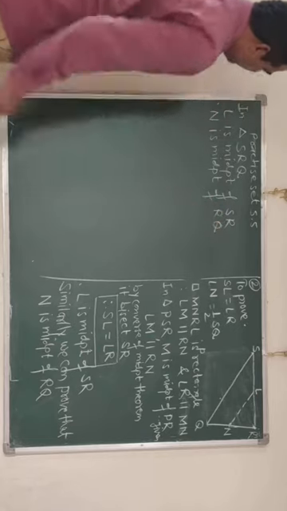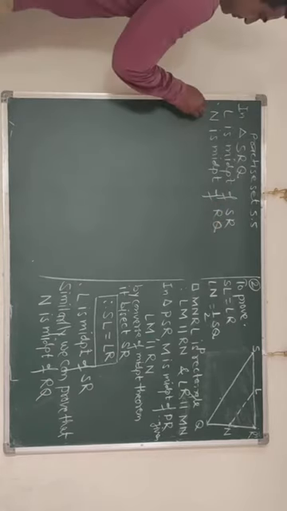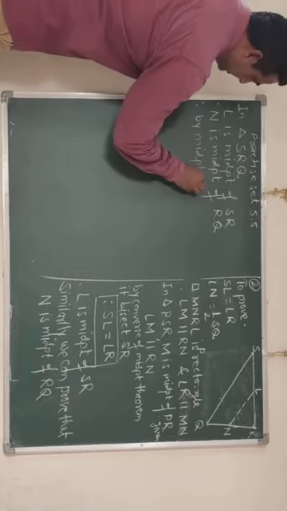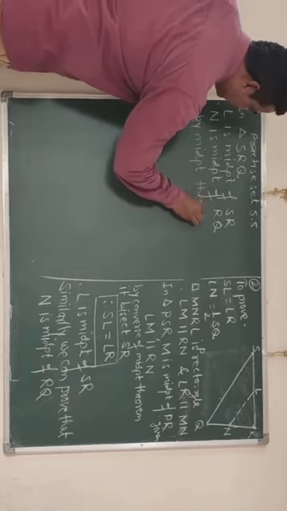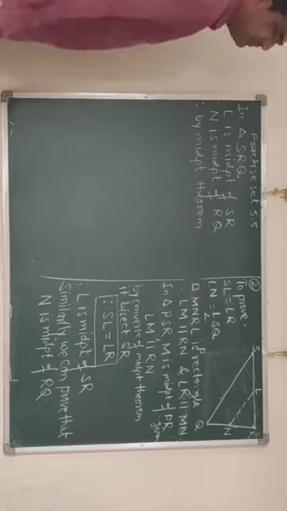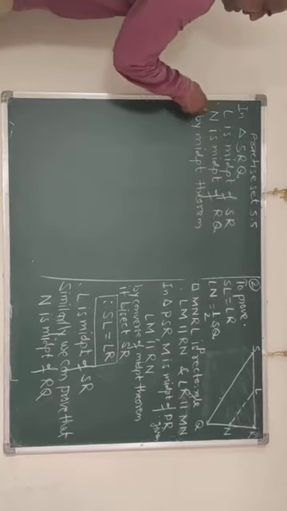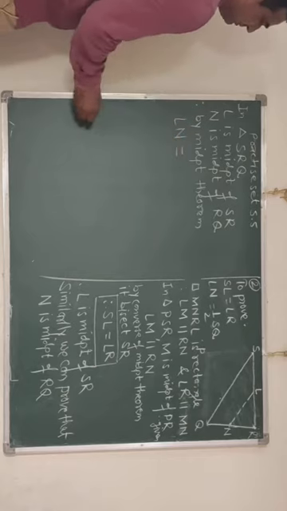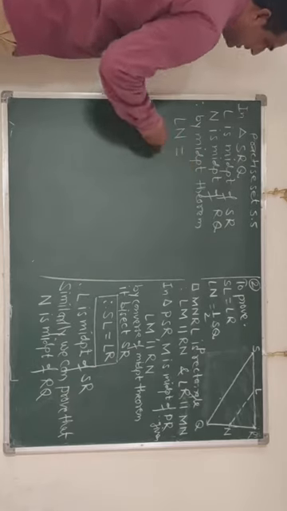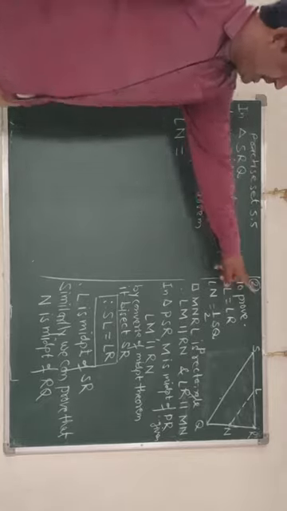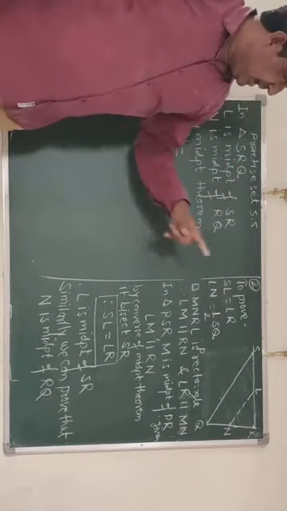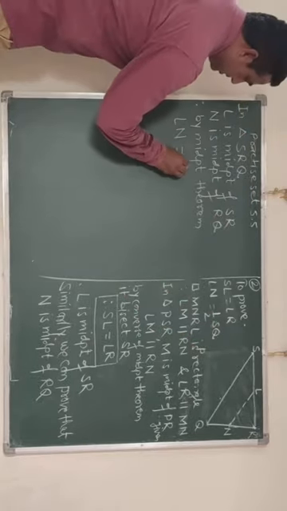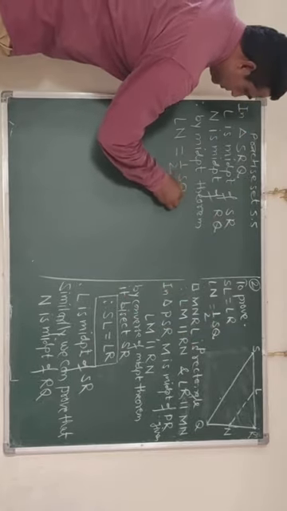If both are midpoints, therefore by midpoint theorem, the line segment joining the midpoints is parallel to the third side, that means LN parallel to SQ. And then LN equal to half of SQ. That is the required proof.